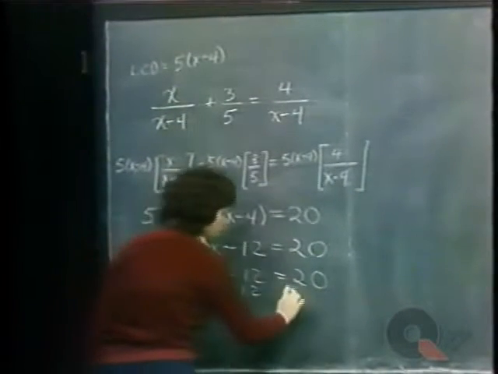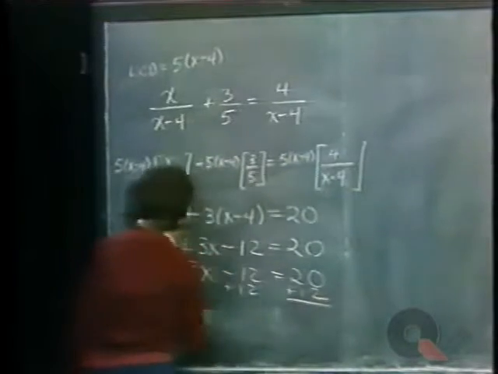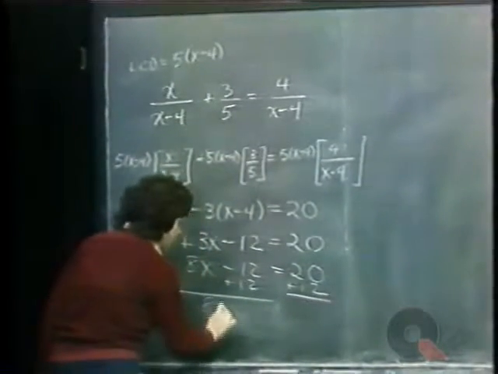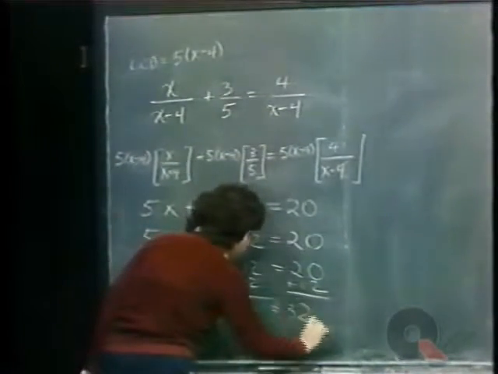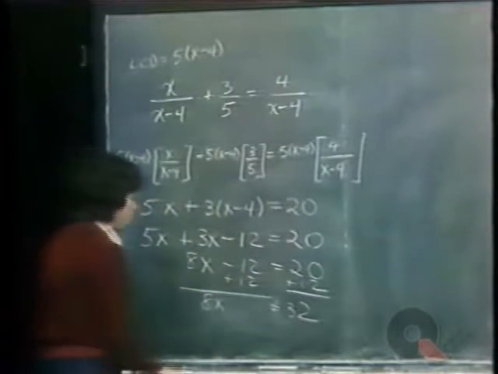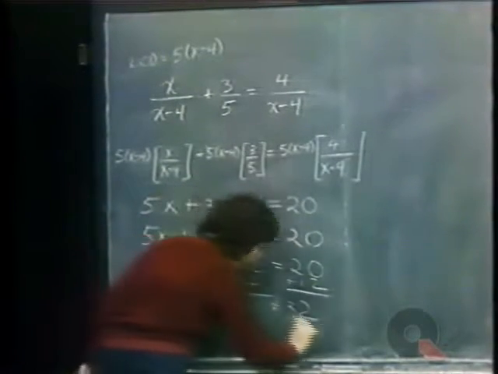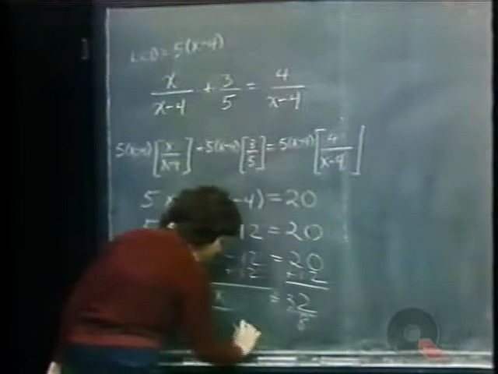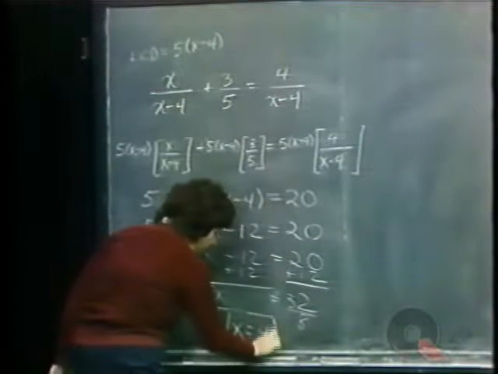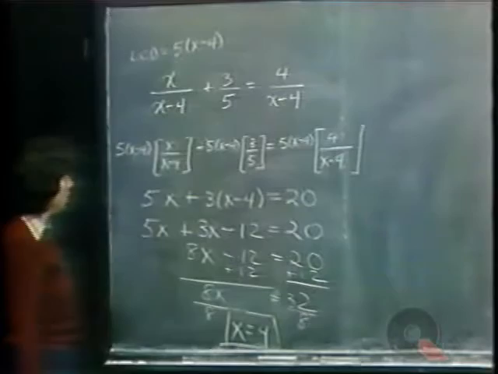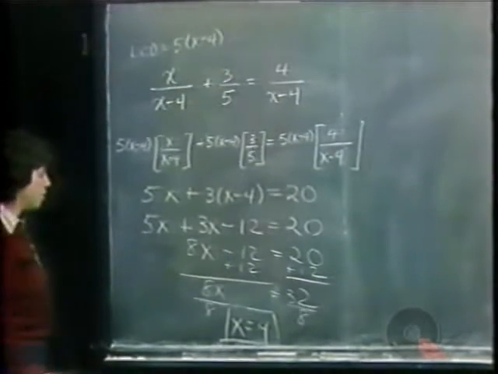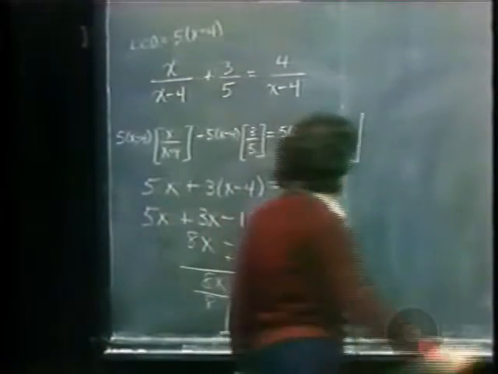Add 12 to both sides. 8x equals 32. Divide both sides of the equation by 8, and we get x equals 4. And as always, we must check our answer.